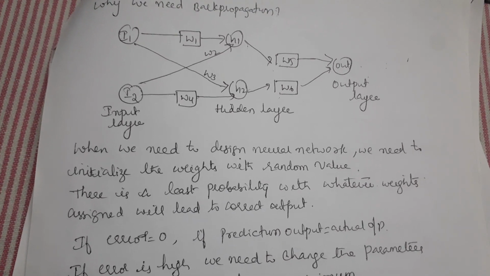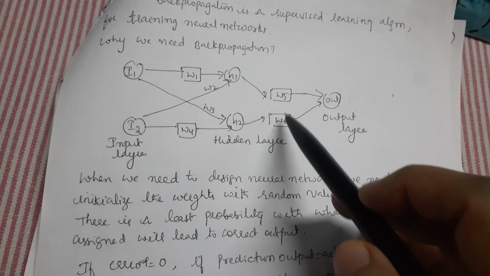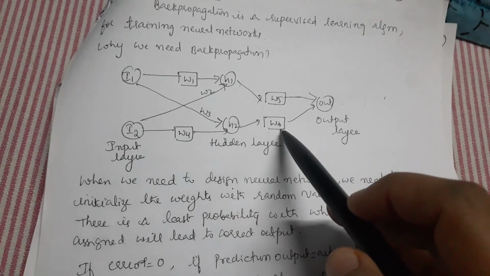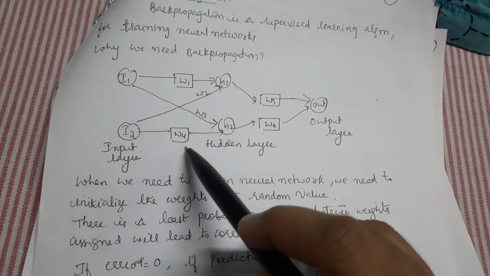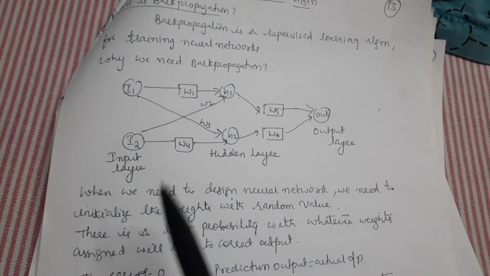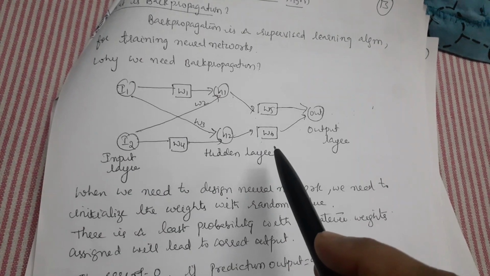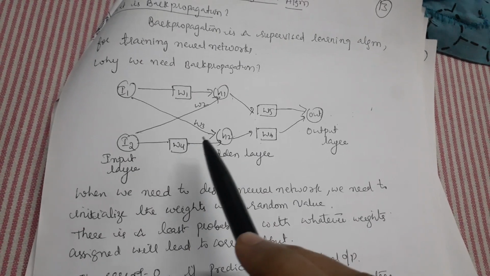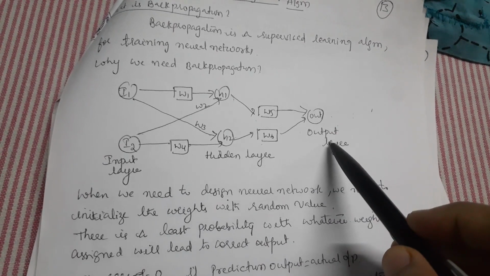So what we do is we backpropagate and update the weights. First we update W5, W6, then we update W2, W3, and then W1, W4. Like this, we backpropagate and go on updating. In the next iteration, that is the forward pass, we use these weights and calculate the predicted output.